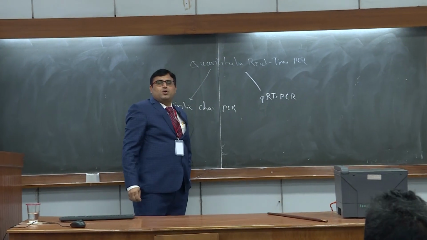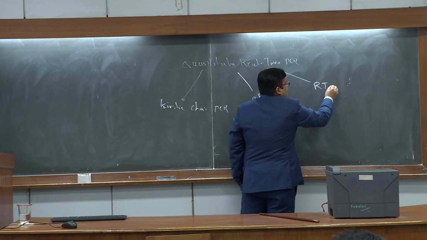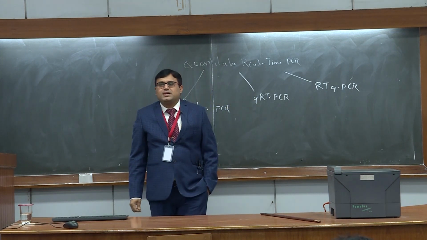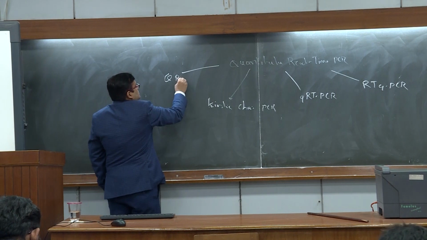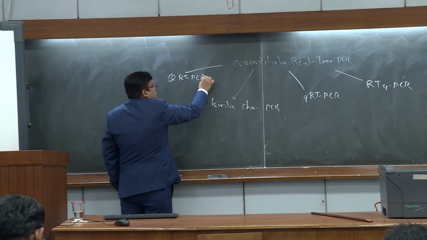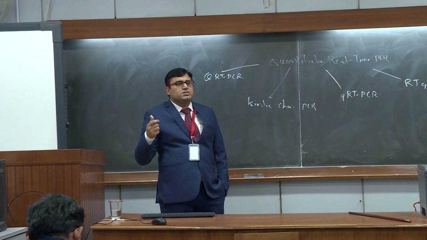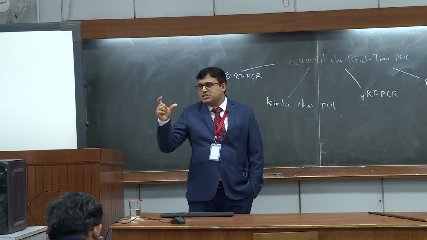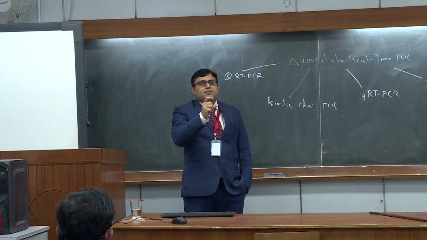We also used to call it RTQ PCR. And sometimes it is also notated as capital Q. These are some of the notations which, if you go by the publications, people use to designate quantitative real-time PCR.